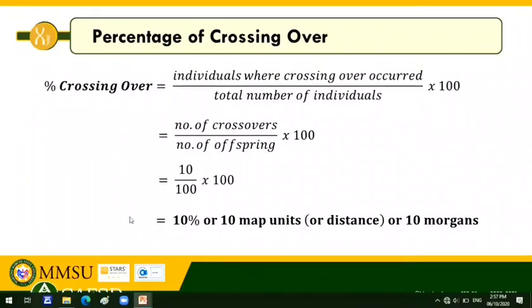And then, we multiply it by 100 to get the percentage. That will be equal to 10%. So, canceling 100, 100, you have 10% crossing over. So, there are 10 map units, or distance, or Morgans. So, 10% or 10 map units or distance or 10 Morgans, these are all accepted as answers. Okay?